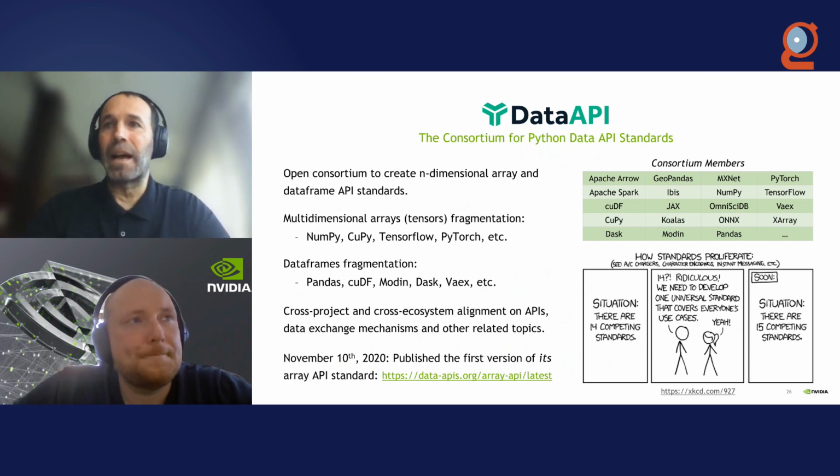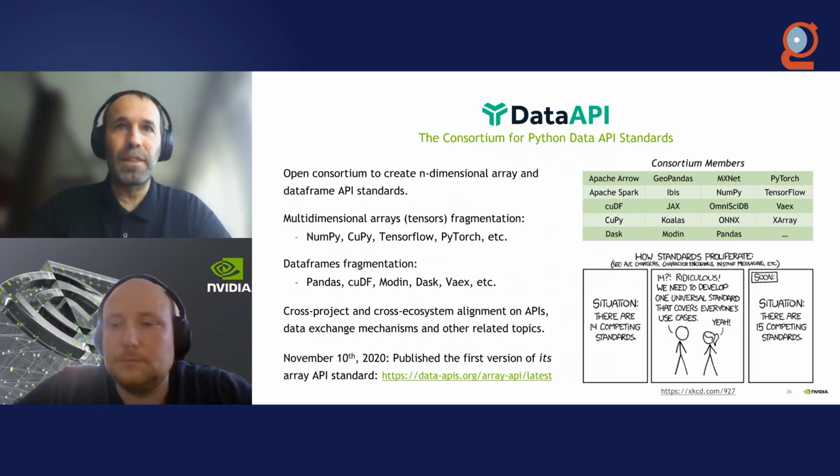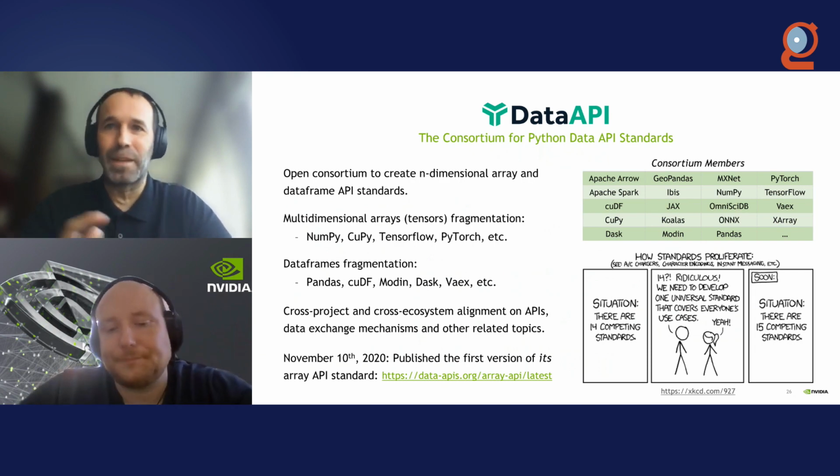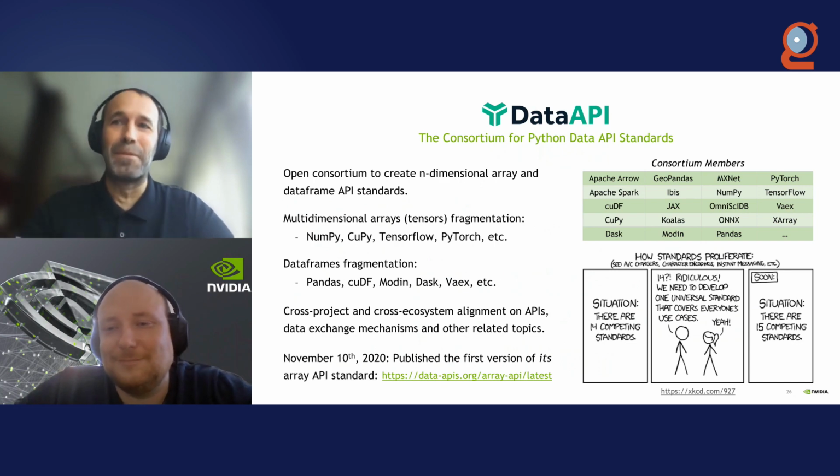Let's discuss an agreement on how to store the data, how to name our methods. And it started in 2020. It looks good because they already published a first specification. It is being implemented. NumPy, CuPy, and a few others already implement that first standard. And as the joke says, once we have it implemented by all of us, someone will invent a new standard and we will be back again.